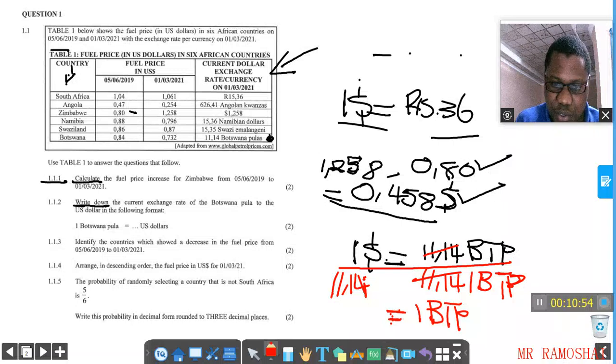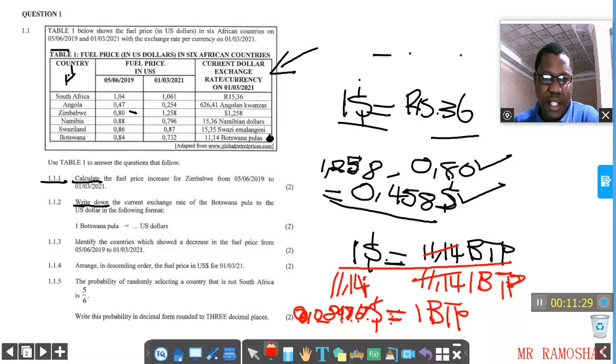So that's going to be 0.89767. We can leave it here as 1 2 3 4 5 6. So our answer now, this is dollars. That means 1 Botswana Pula is equals to this.